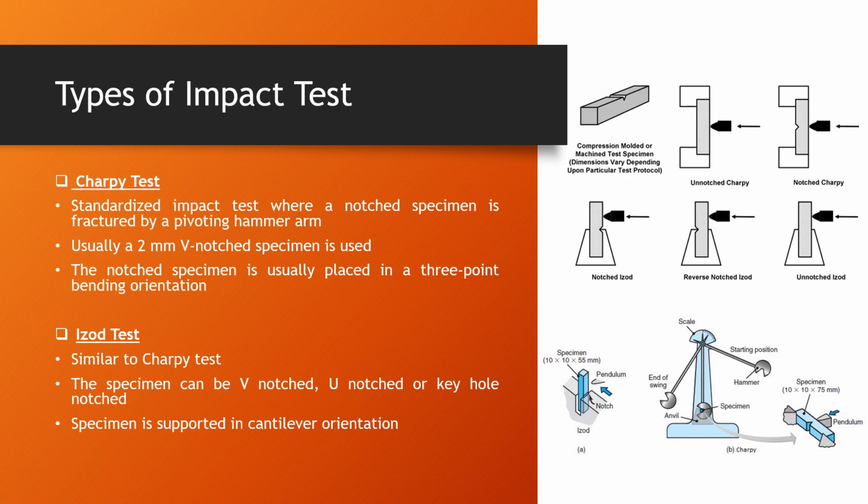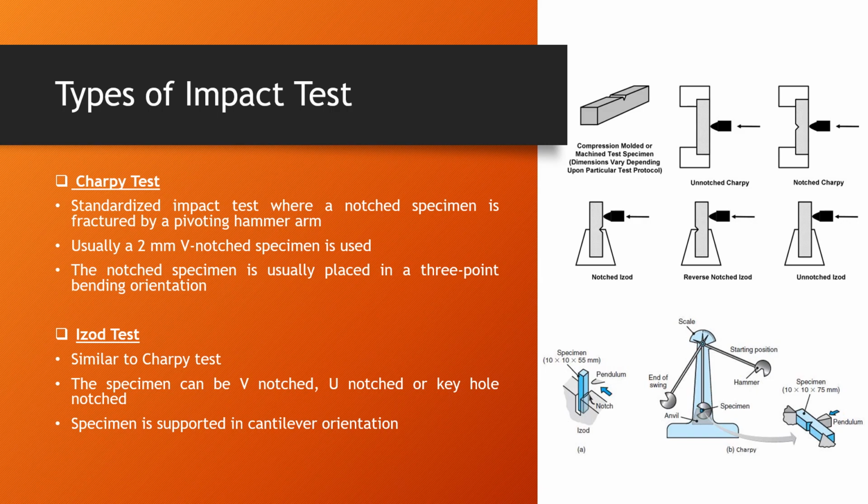On a Charpy test, the specimen would be supported in a three-point bending orientation, or simply supported beam orientation. You can see on the right picture how a Charpy test specimen would be supported during the impact. And for an Izod test, you'd have the specimen in a cantilever orientation.